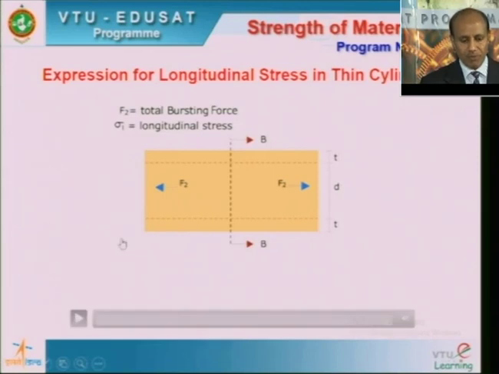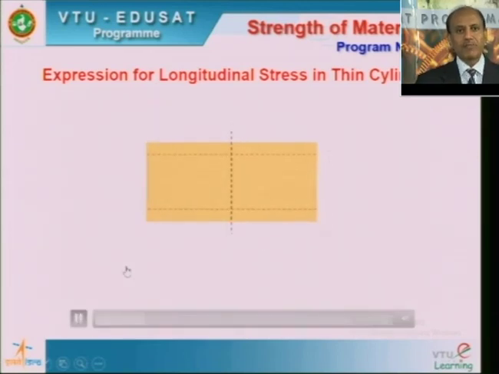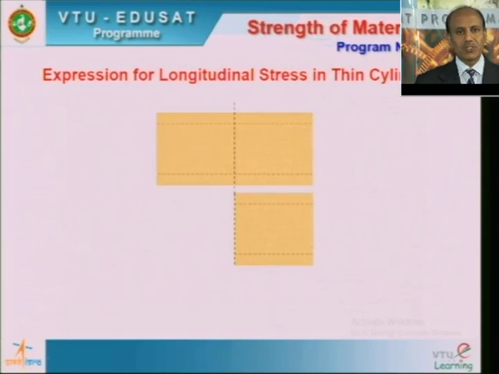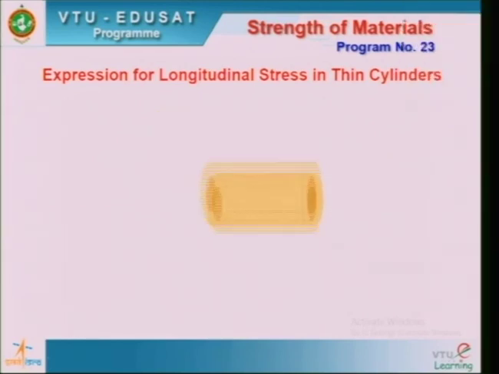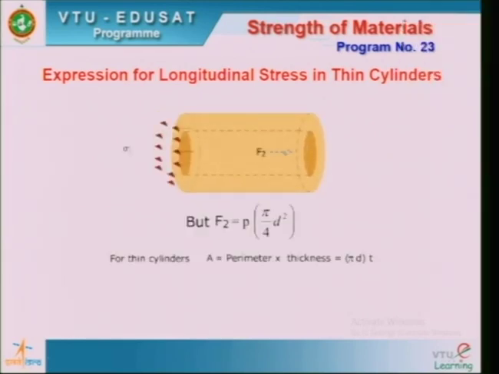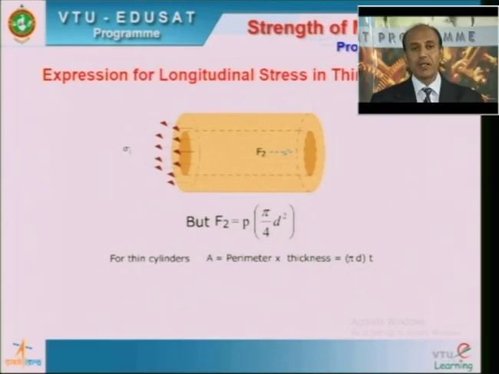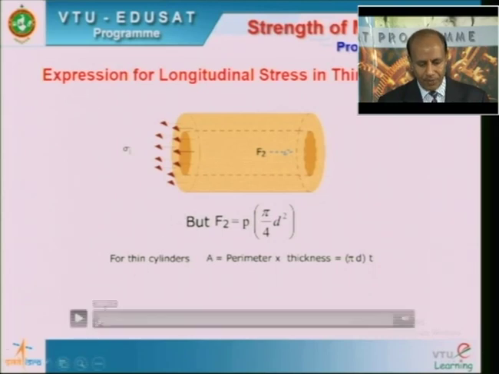So, if we look at this video, I am taking a section. I am taking only the right part of that section, and slowly rotating it, putting it in a 3-dimensional view. What you are seeing is the free body diagram of the cylinder to the right of section BB, that is a vertical plane. Let me repeat this video once again.